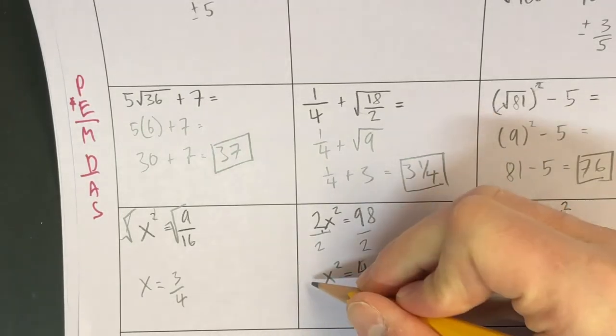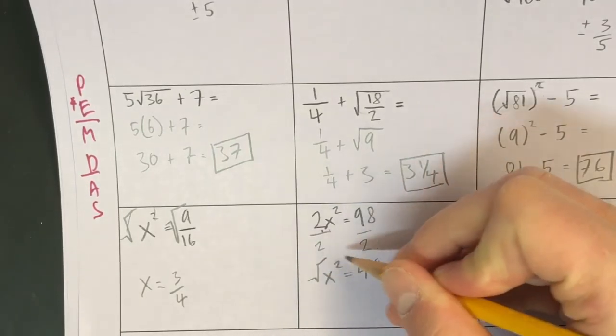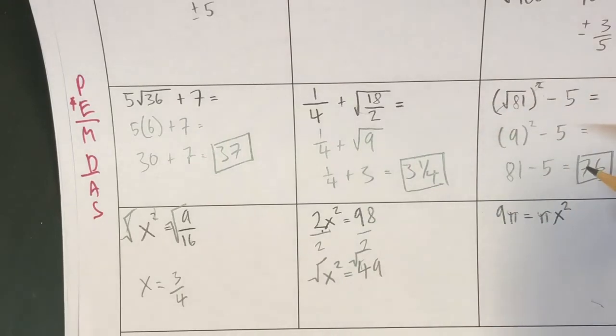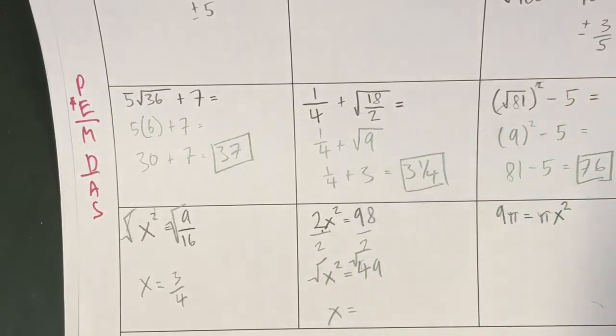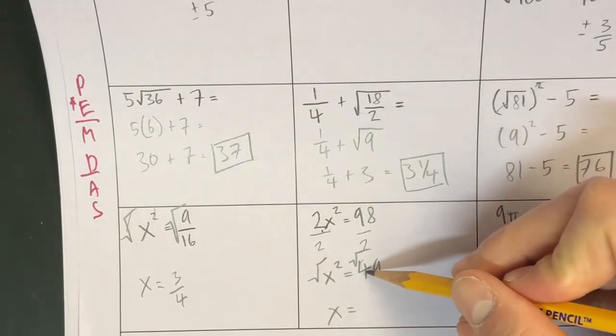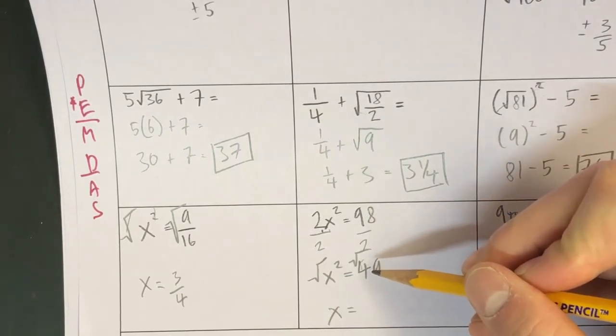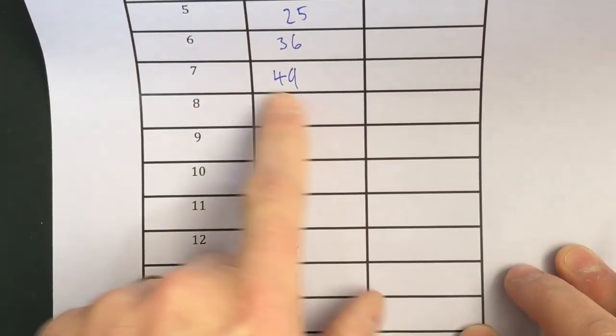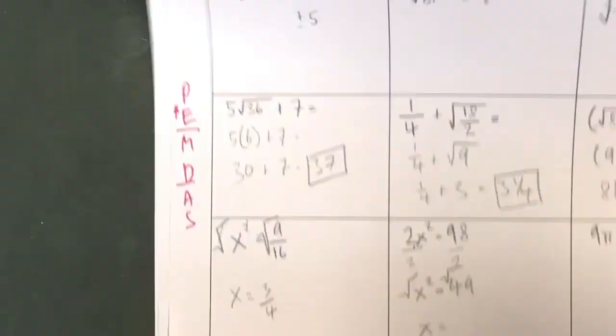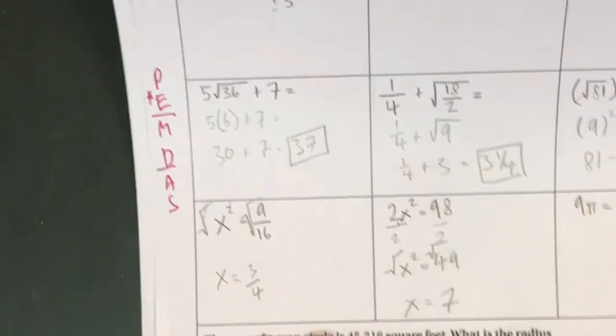We're going to take the square root of both sides. The square and the square root cancel out. It leaves me with x. The square root of 49 is, well, I can guess and check, or I can go to my list of perfect squares. I'm looking for 49. Is it a perfect square? Oh, it is. 7. So then I get x is equal to 7. Cool.